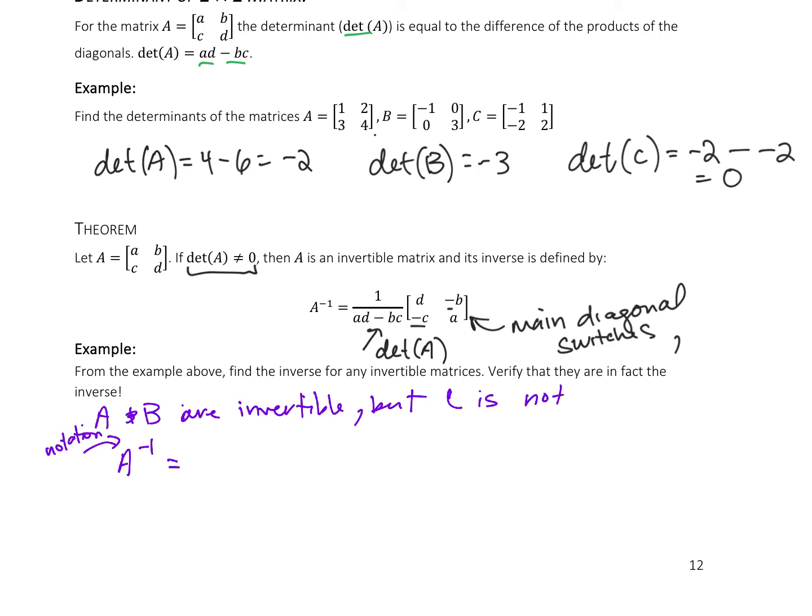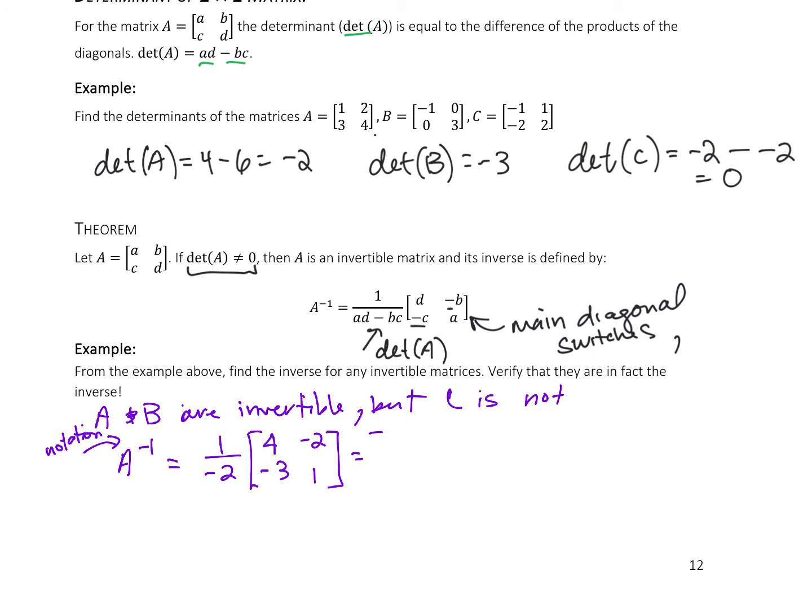So we're going to take 1 over our determinant, so we'll take 1 over -2 times our A matrix, but we're going to flip what's in our A and our D positions, or flip what's along the diagonal. So the 4 goes where the 1 was, the 1 goes where the 4 is. The other 2 stay in place, but they change signs. So I have a -3 in this bottom position and a -2 up here.